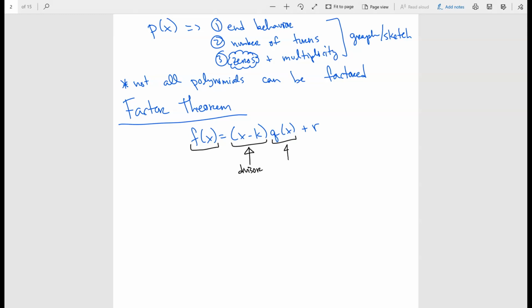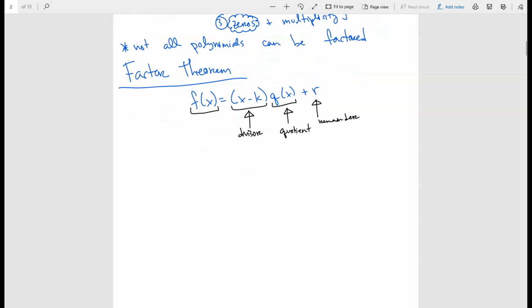This q of x is what we call the quotient, and this r is what we call the remainder. So you can always write a function like this. When you divide the function by x minus k, what you end up getting is the quotient plus the remainder over x minus k.